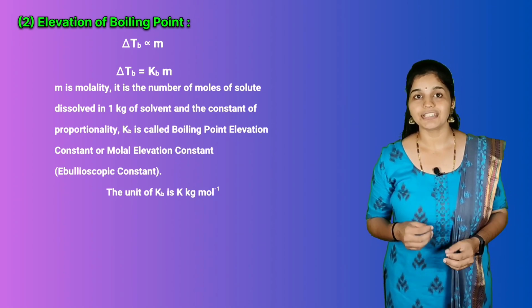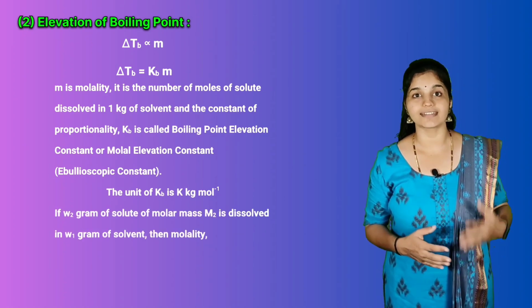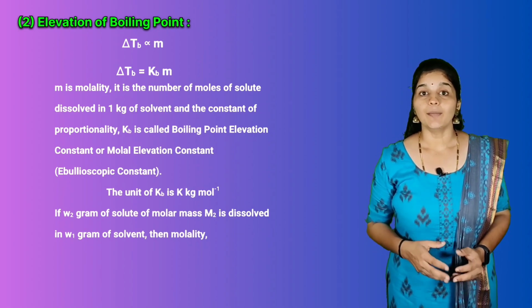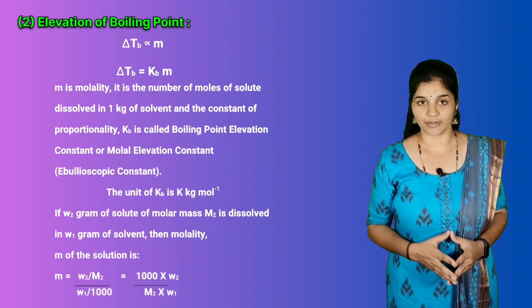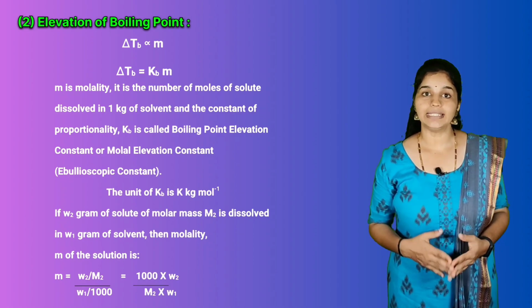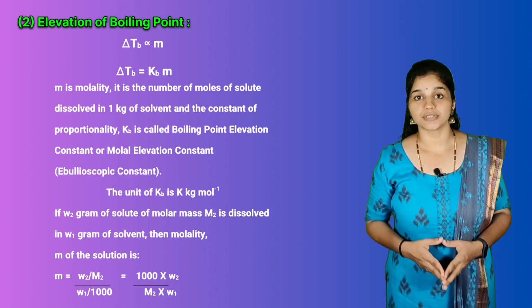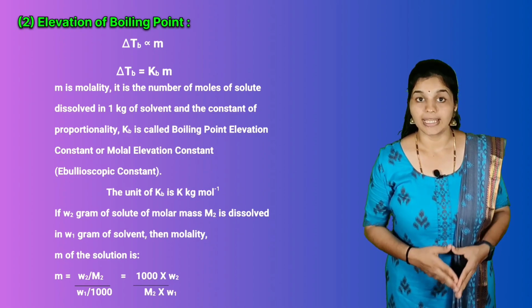Now, if W2 gram of solute of molar mass M2 is dissolved in W1 gram of solvent, then the molality of the solution is given by m is equal to (W2 divided by M2) divided by (W1 by 1000), which is equal to 1000 into W2 divided by M2 into W1.